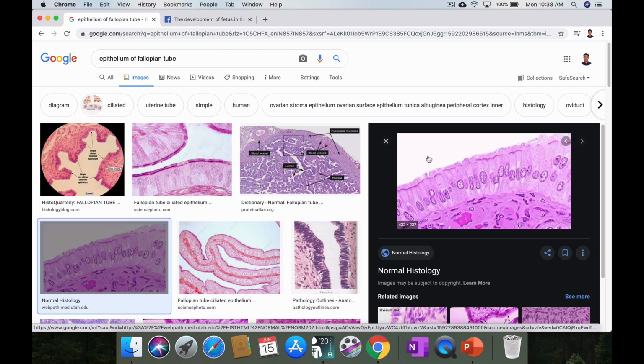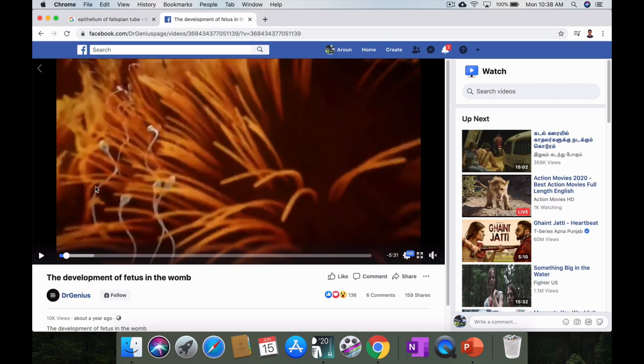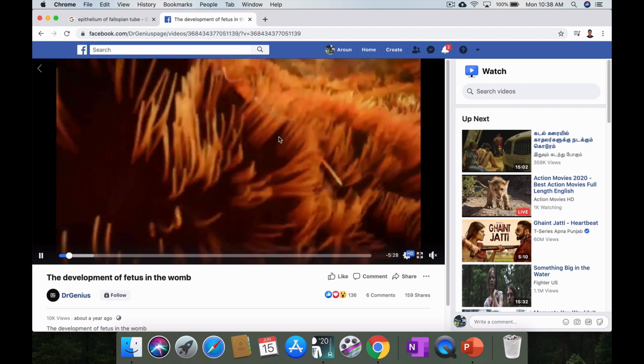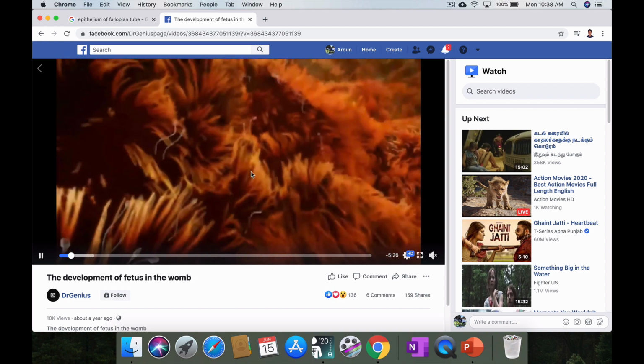The fallopian tube is made up of ciliated columnar epithelial cells. You can see these columnar epithelial cells, and you can see the fine cilia present in the superficial layer of the fallopian tube. This is the ciliated columnar epithelium. You can see this is a ciliary movement, this hair-like movement that is taking place in the fallopian tube.